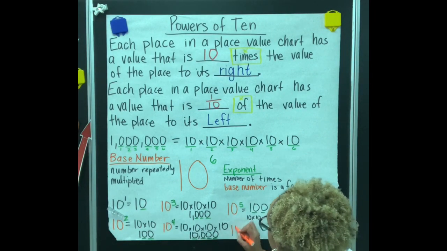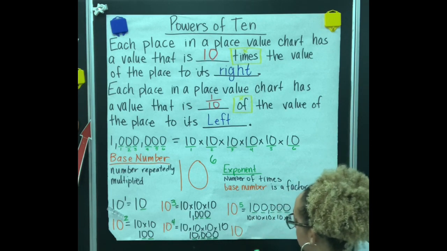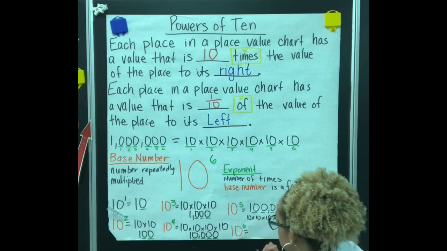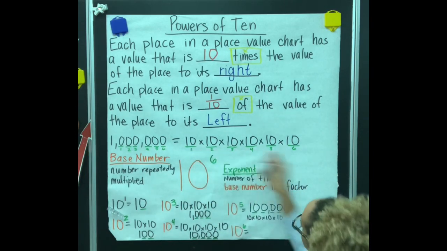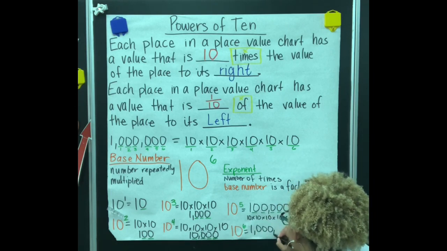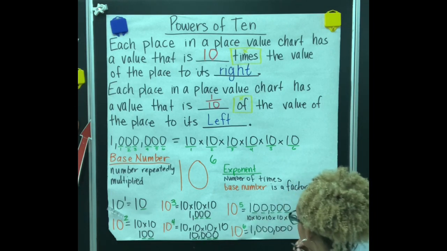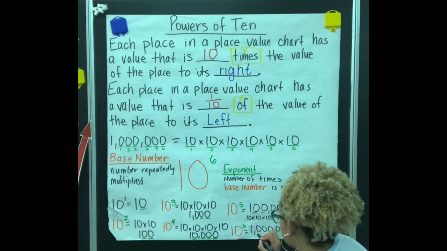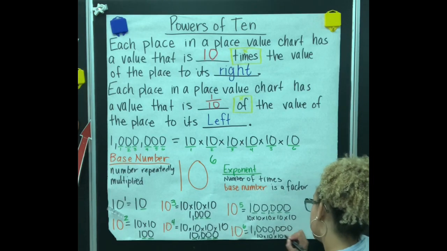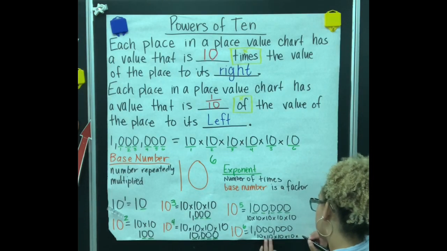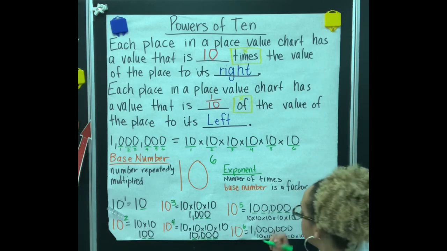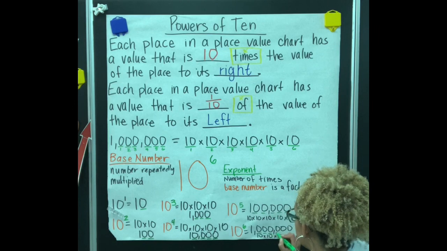Then we have 10 to the 6th, which equals what? 1,000,000. And that is 10 times itself how many times? 6 times, we should have 6 zeros.